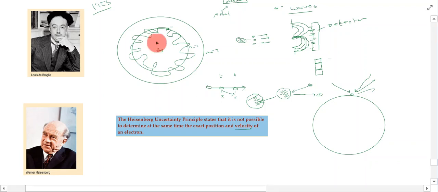So that's where the Heisenberg uncertainty principle comes in, and it says that it's not possible to determine at the same time the exact position and velocity of an electron.